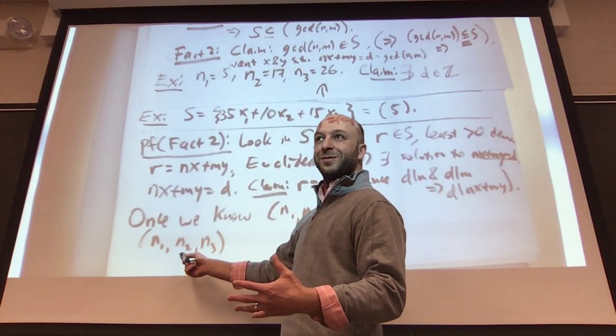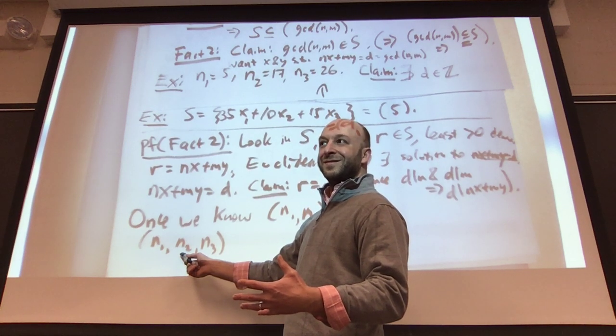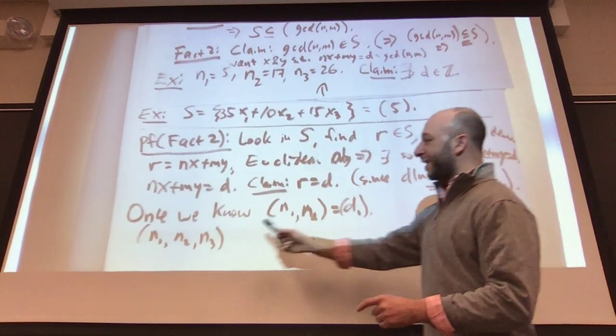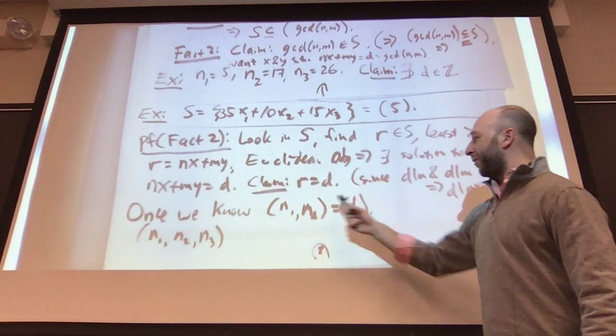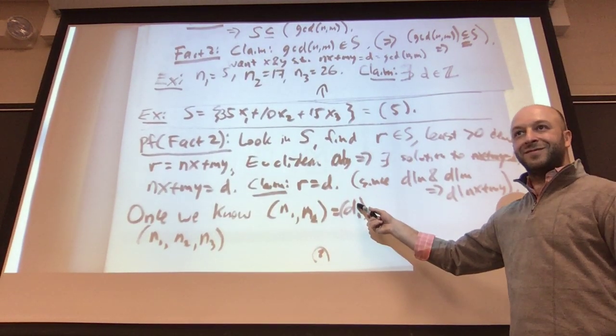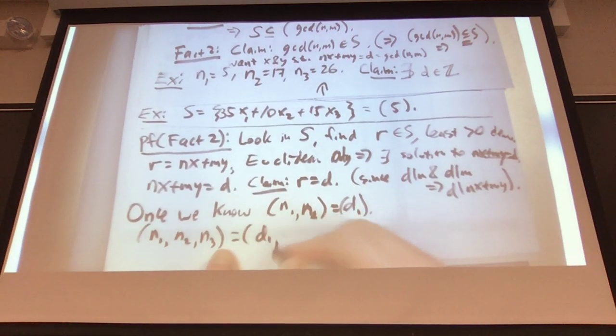Anything of the form N1 x1 plus N2 x2 is just of the form D1 y. So this is the ideal generated by D1 and N3.